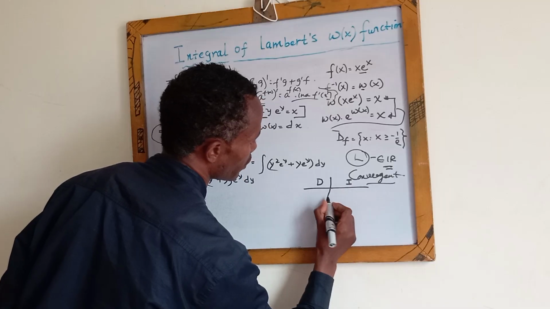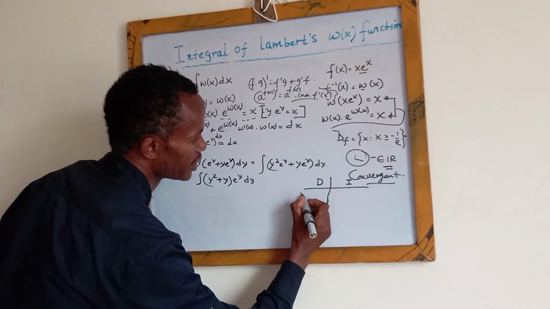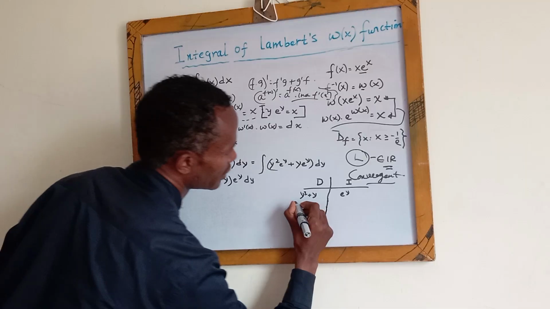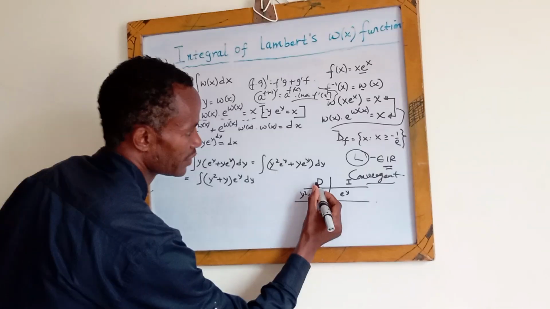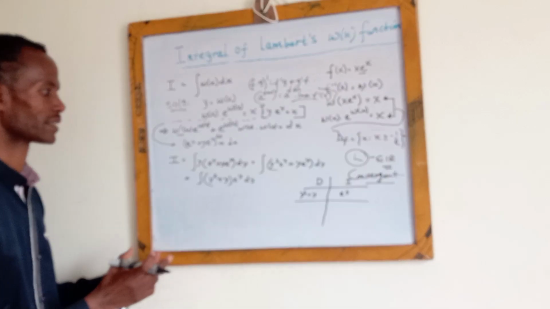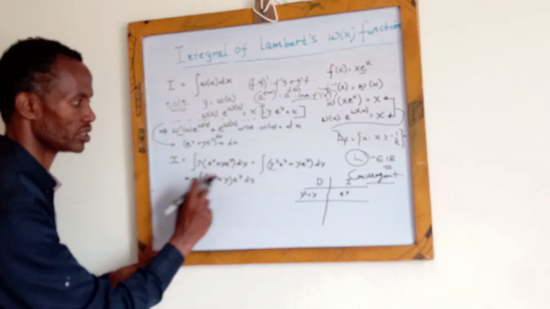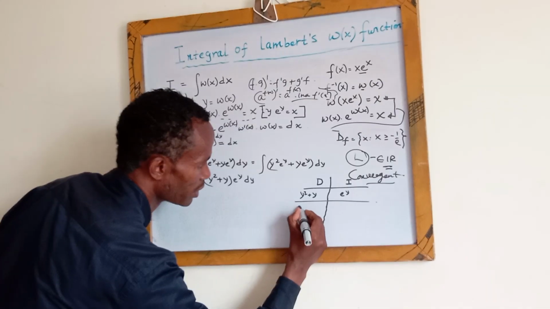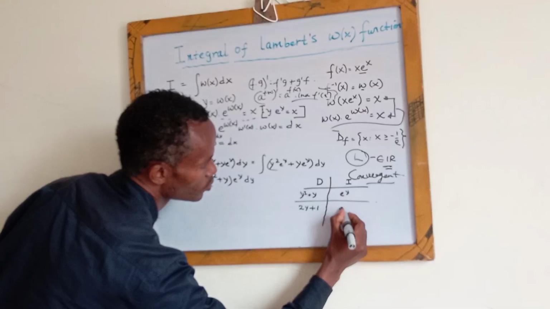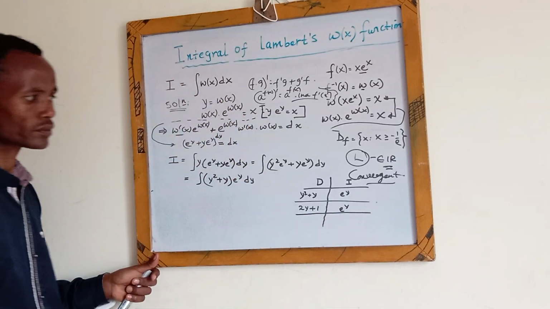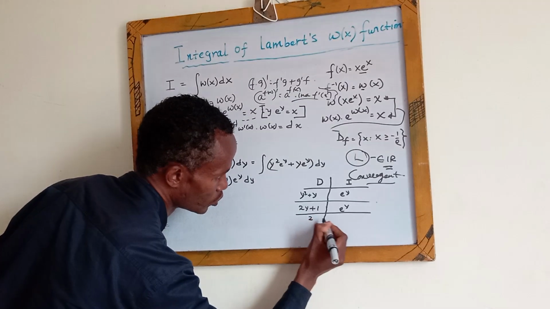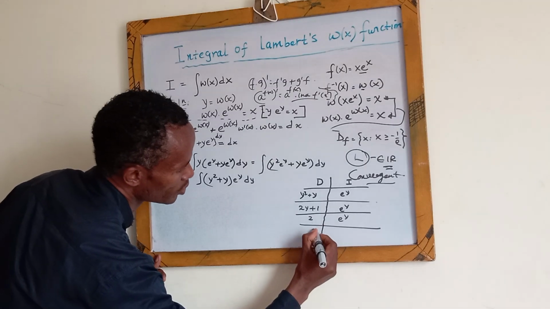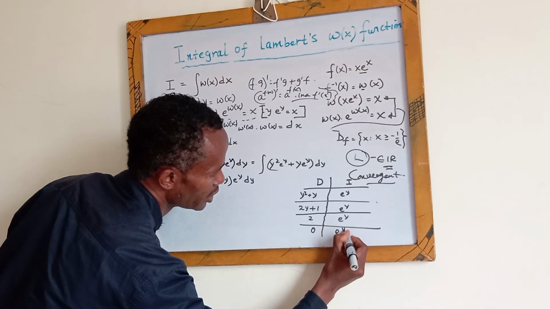Take the derivative of y squared plus y, and the integral of e to the power of y. This is integration by parts. Derivative column: y squared plus y, then 2y plus 1, then 2, then 0. Integral column: e to the power of y every time.